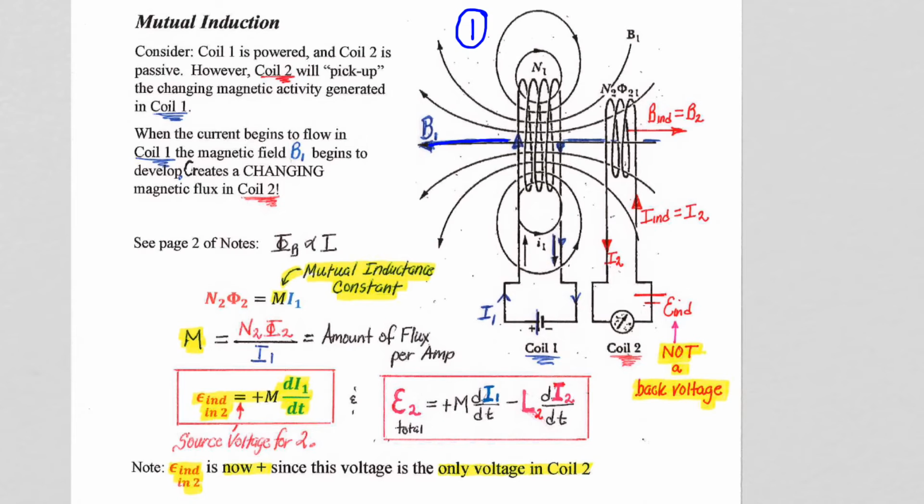Coil 1 has a battery, right? So coil 1 is powered. It has a battery that begins to make current I1. Current I1 flows in the direction given by the battery, and it is going to make B field B1. So let's practice our Biot-Savart law, I dL cross r hat. Here's our I dL, tangent to the solenoid.